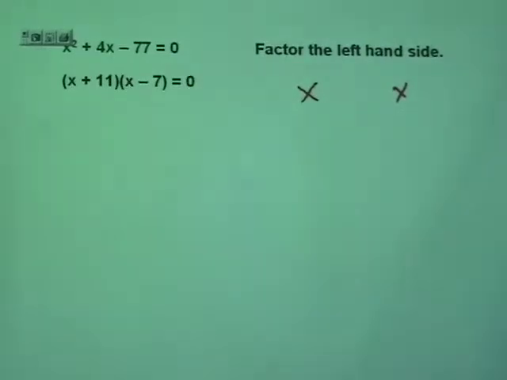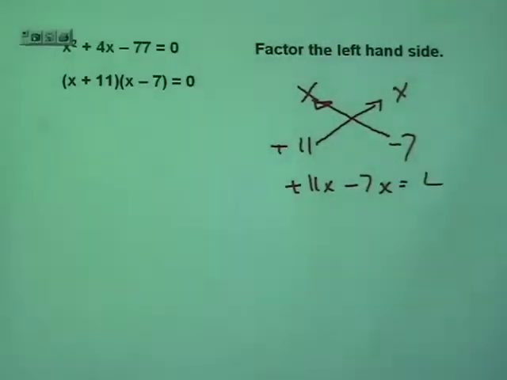And negative 77 is positive 11 times negative 7. And watch this. Positive 11x added to negative 7x is positive 4x.